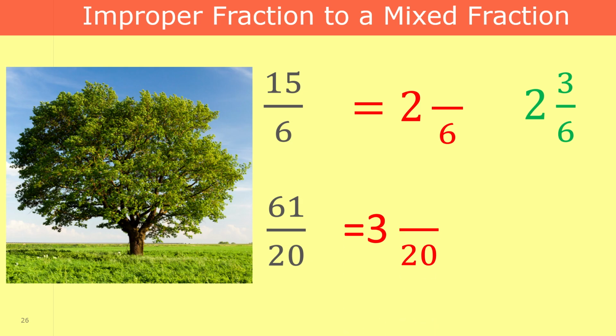So I'm going to set up my 3, making it larger, and I'm going to keep the 20 on the bottom. And then again, I'm going to use my fingers or in my mind count up to 61. So I've gone 20, 40, 60, and then I just need to count up to 61. So 60, 61, which means the 1 goes on the top.